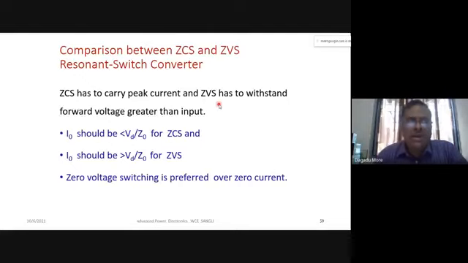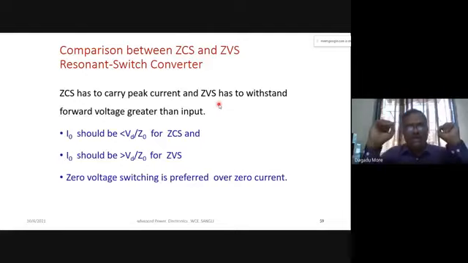In ZCS, our device current rating should be high, and in case of zero voltage switching, the device voltage rating should be high. That will be the major difference. In ZCS, we have seen that our on period is fixed, whereas in ZVS, the off period is fixed.